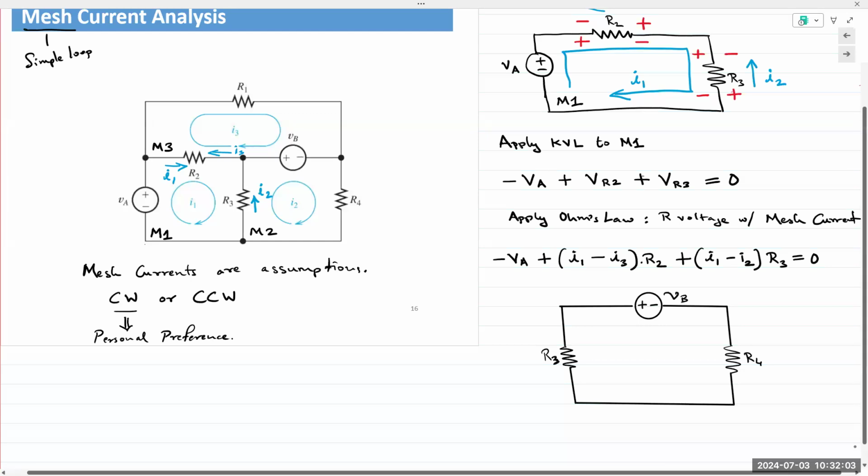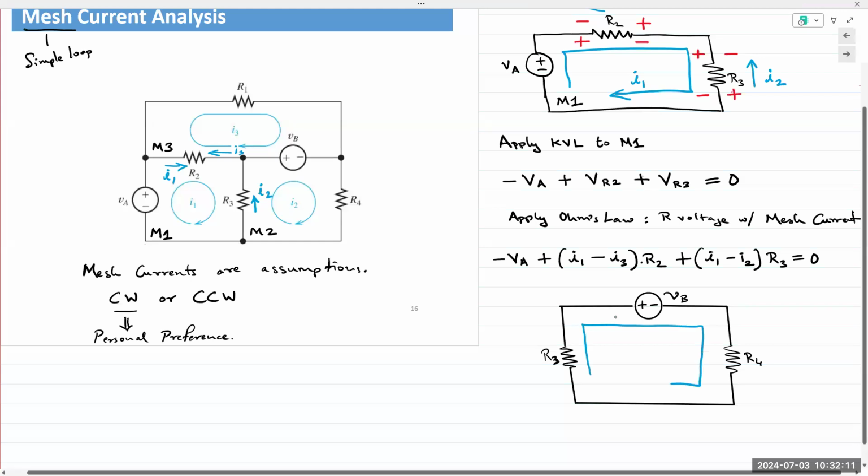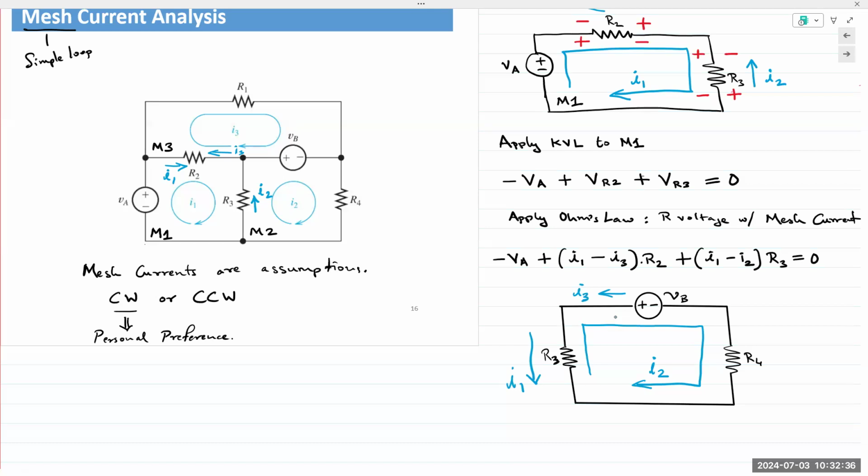This is VB. And we have I2 flowing in a clockwise direction. I1 coming from the top. And that's it. We have I3 at the top flowing through VB. But we don't need to do anything about that because it's a voltage source. We can add that voltage source directly. And this is M2.